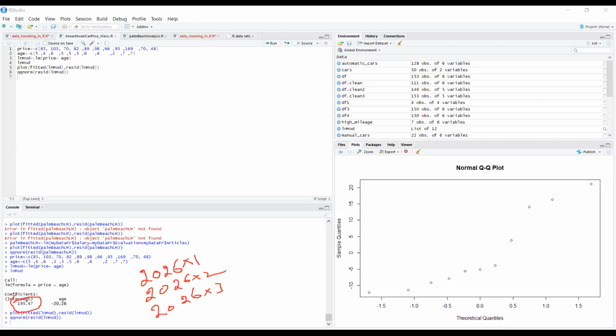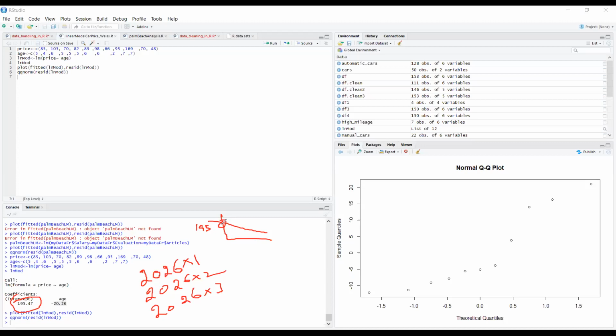And what is the actual value of the car? This is your brand new car, because in the model this is the y-intercept, 195, or 19547. If it is a 0-meter car, then its price will be this. If you purchase the car and sell it immediately, what price will you get? 19547.